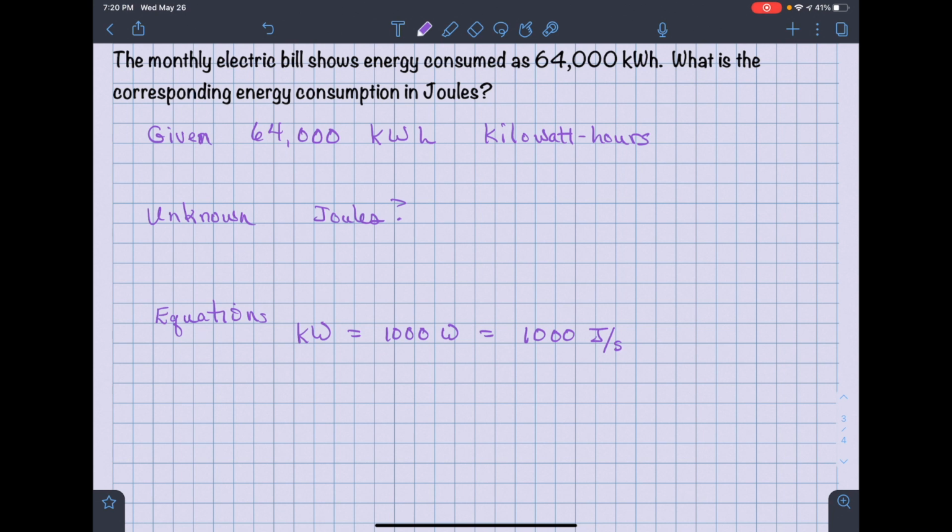So a kilowatt hour is equal to 1,000 joules per second times 1 hour, and 1 hour has 3,600 seconds.